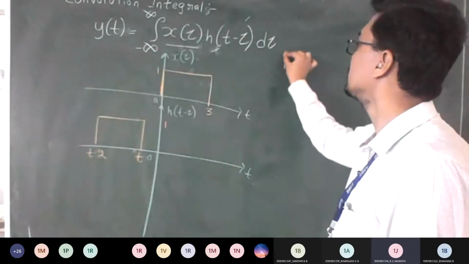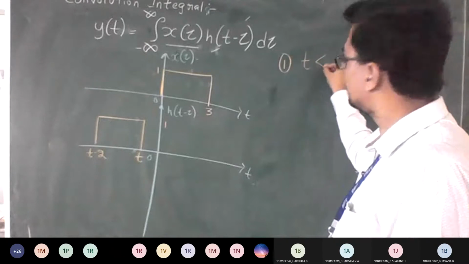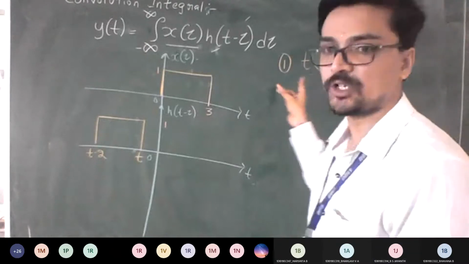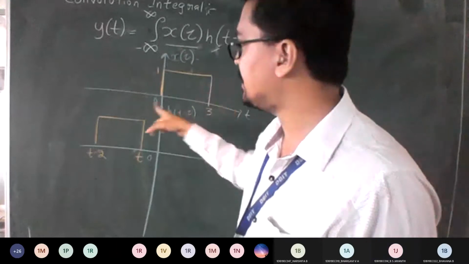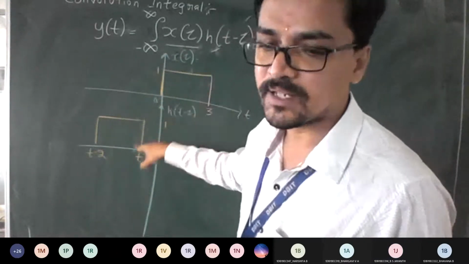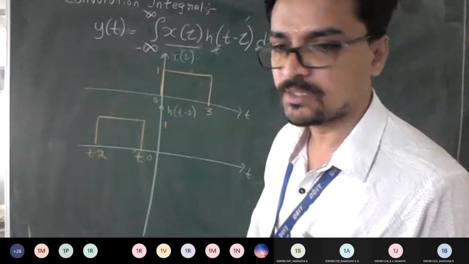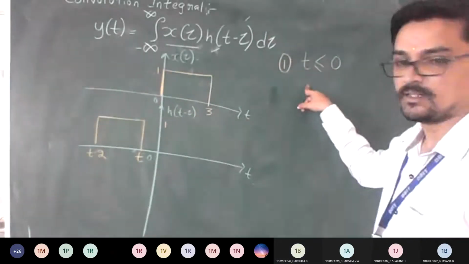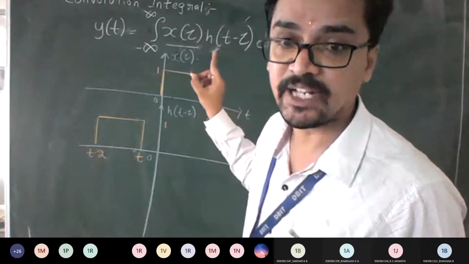Okay, let me write first, then analyze. So if you take t less than or equal to 0, agree? Yes, sir. If I take t less than or equal to 0, do you think any overlap occurs, guys? No, sir. Understood? So I can take case 1. I hope you're understanding the meaning of t less than 0. It means negative values.